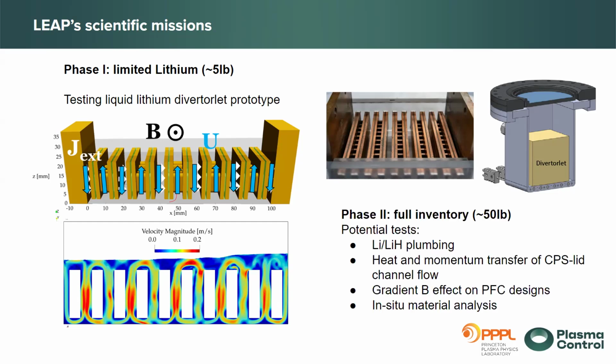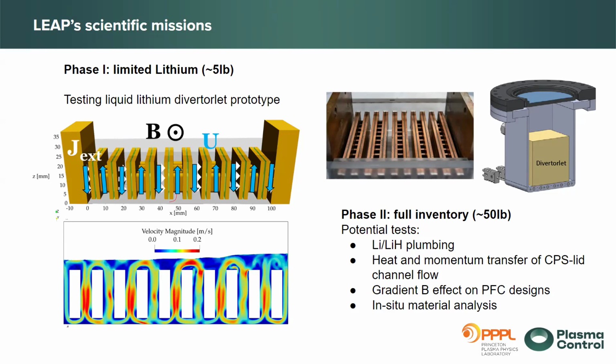In the second phase, when we have the full inventory of 50 pounds, that's when the building has been renovated, right? And ESAT has been renovated and is good to go for our LEAP system. Then I can use all the volume up here to test some of the lithium hydride plumbing, or heat and momentum transfer studies, for CPS lid channel flows that require very high flow speed.